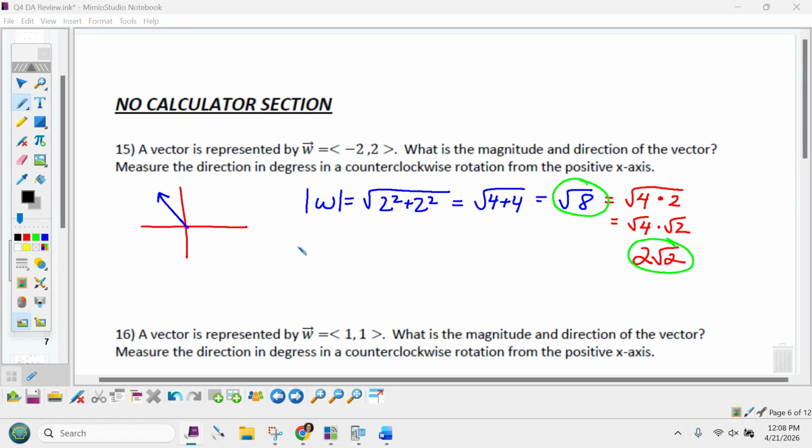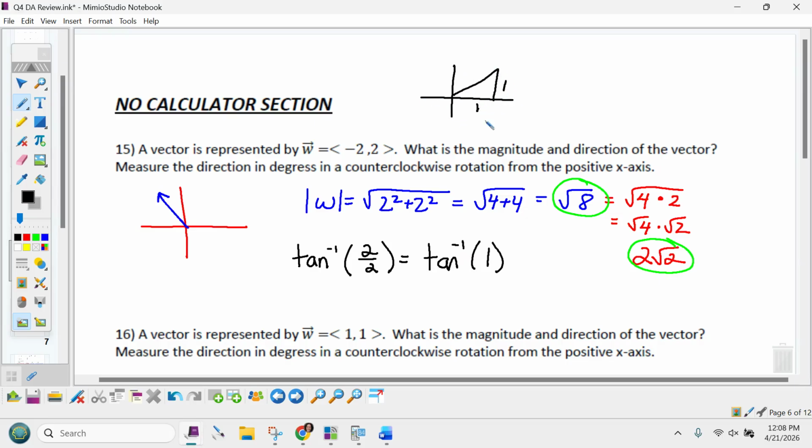For the direction, tangent inverse of y over x. And I know you're probably thinking, but this is the no calculator section, Miss Weiss. How am I supposed to do this? Well, tangent inverse of 1 is saying what angle gives you a tangent of 1 over 1.